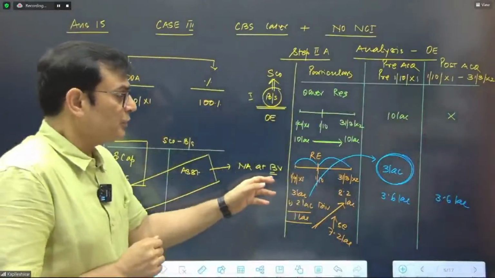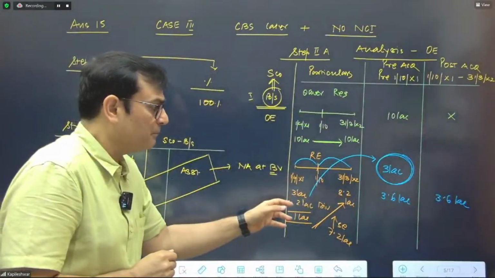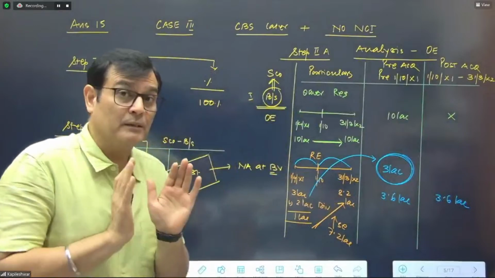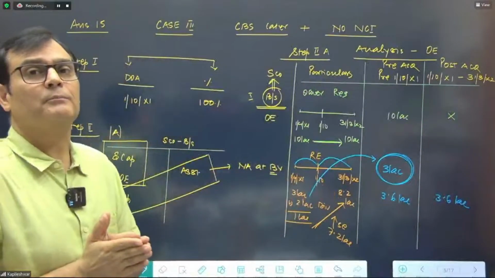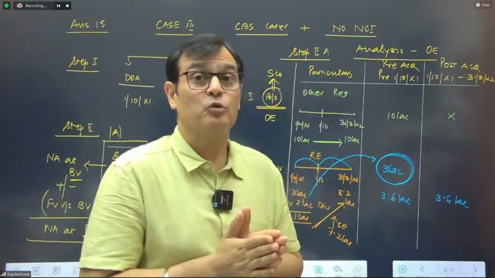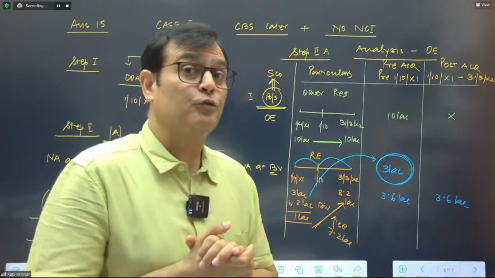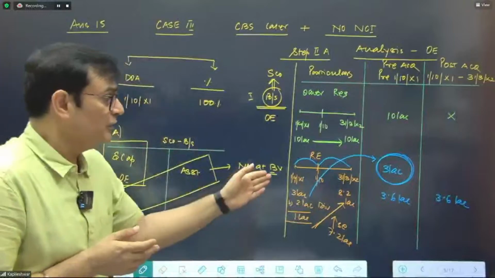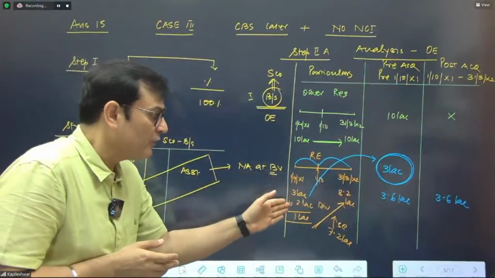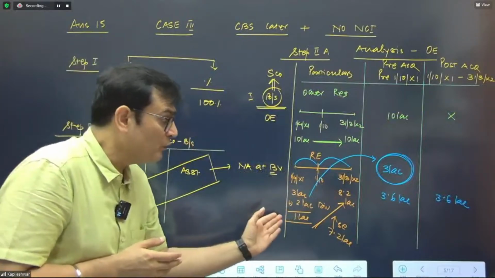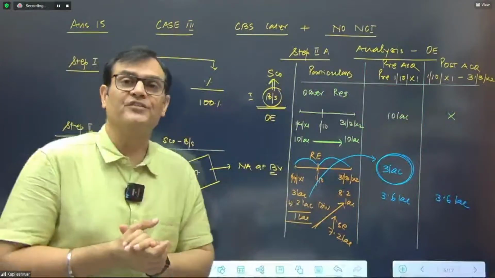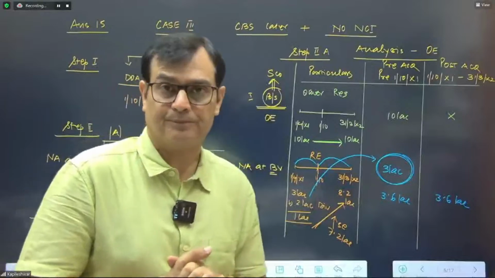So you need to organize the position at the beginning and the end in the same manner, but be careful that the figure 8.2 and 3 is not comparable, because 8.2 is after dividend and 3 lakh is before dividend. So you need to first of all reduce the dividends so that they come on the same base, after dividends, so that you can compare the two and get the increase during the year.